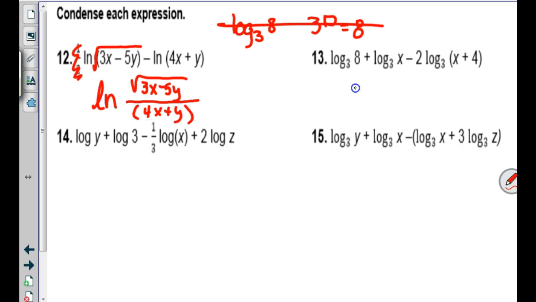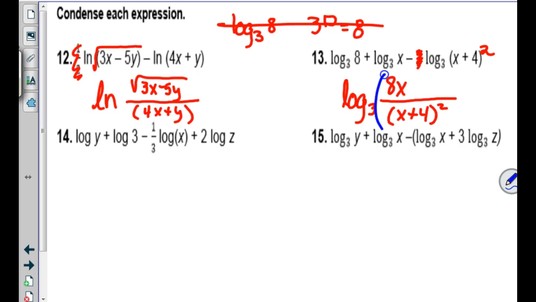All right, so what are we going to do? Where do you want to start? Can I move this 2? Where could I move that 2? Okay. Now what? What does plus mean? So this will become log base 3 of times x divided by x plus 4 quantity squared.